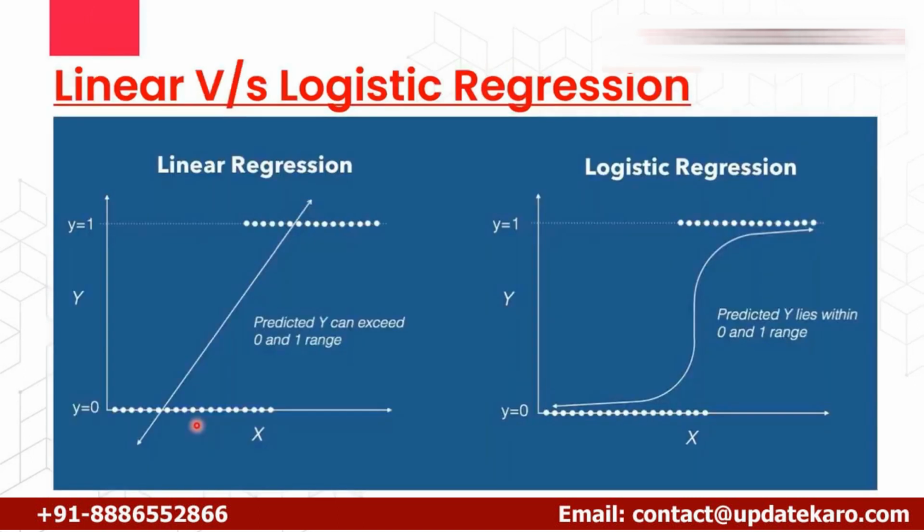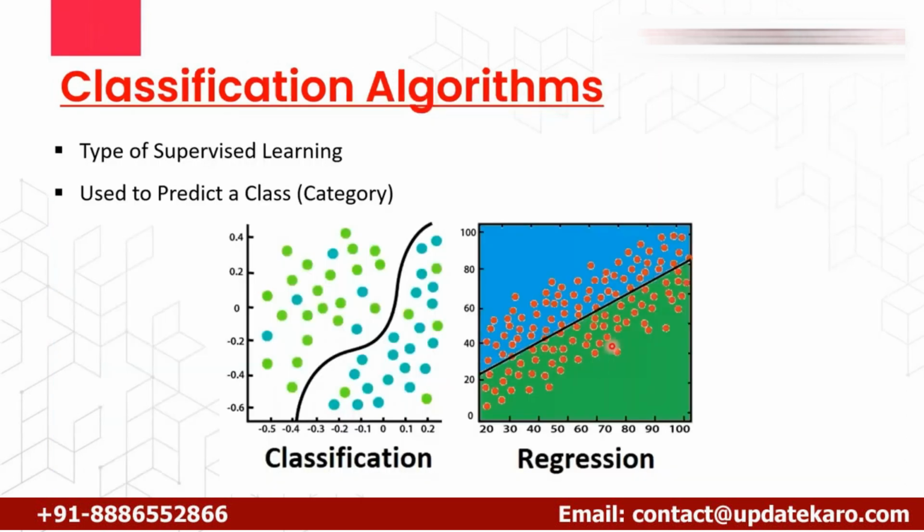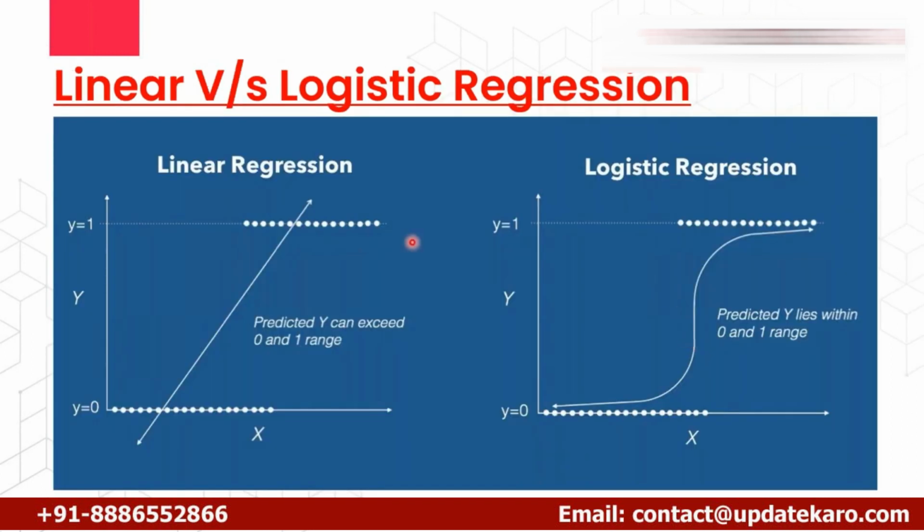Okay, so let us talk about linear regression versus logistic regression. As you know, what is linear regression? Here you will see that this right plot is, let's say, linear regression. Our data is different now.